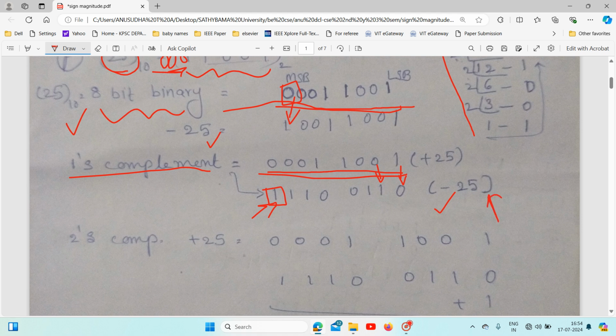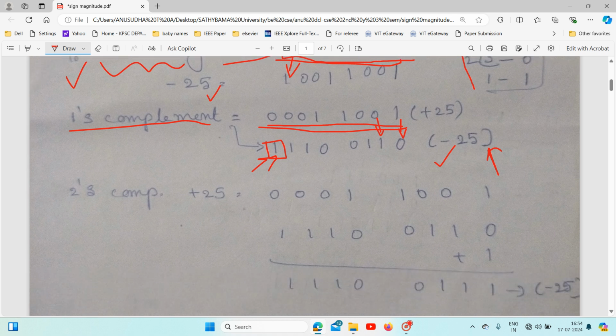Now if it is 2's complement, see here. We will discuss how to convert the positive number plus 25 to a negative number using 2's complement. This is the 8-bit representation of plus 25.